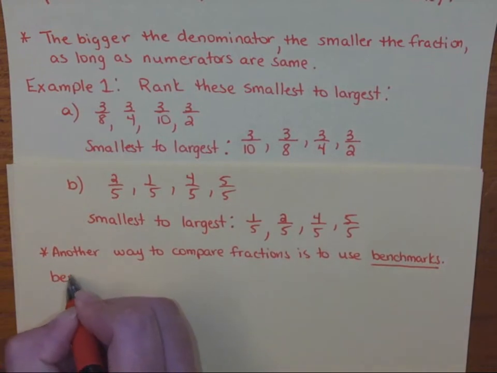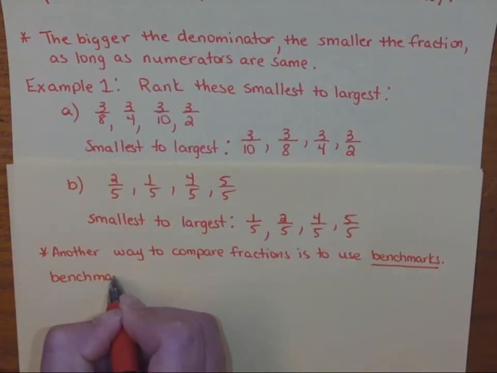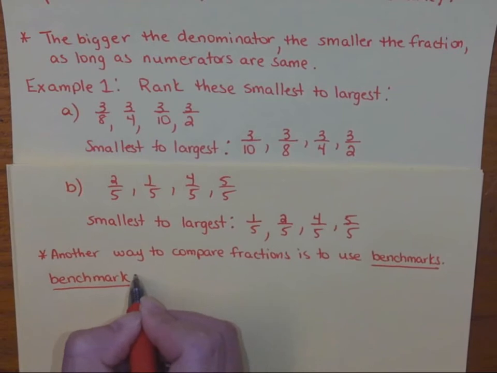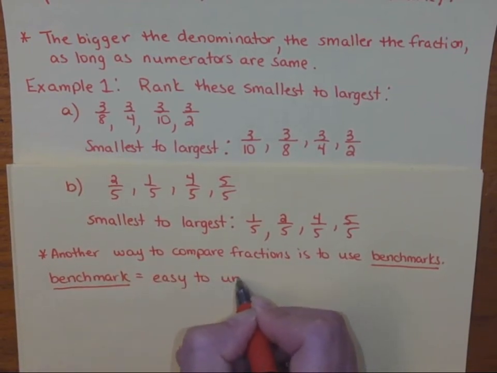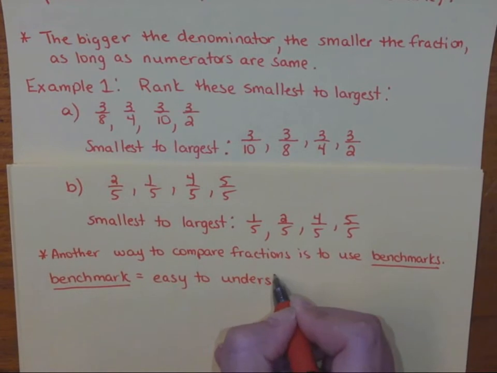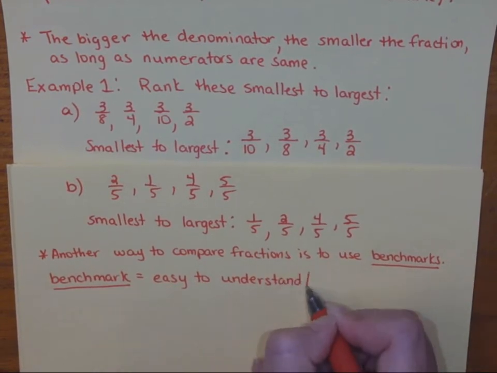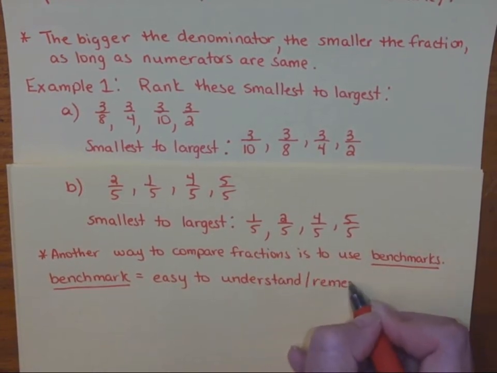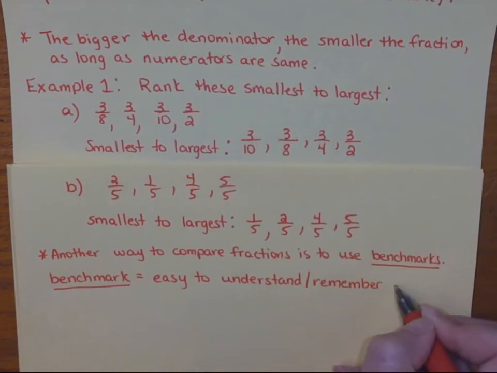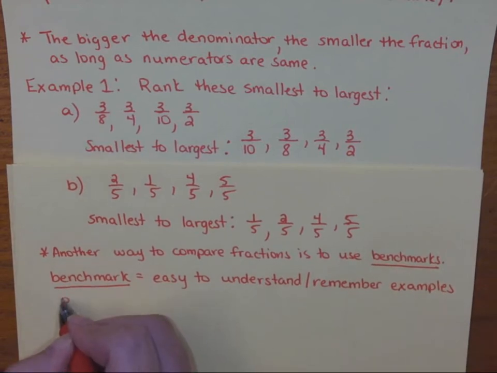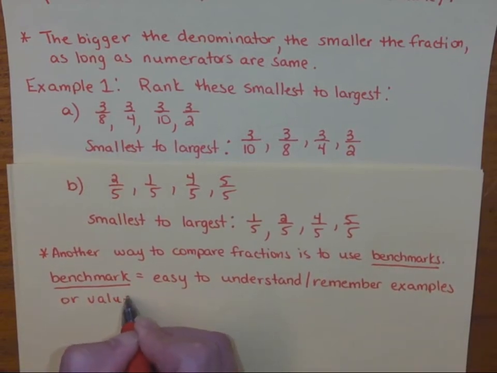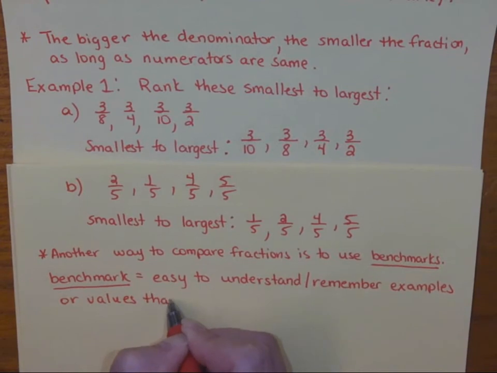With our fraction example, some of the first fractions we learn can serve as our benchmarks a lot of times. So I'm going to call them easy to understand or remember. And the reason we like these is they're easy to compare to.